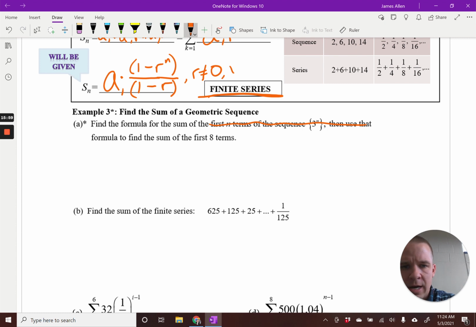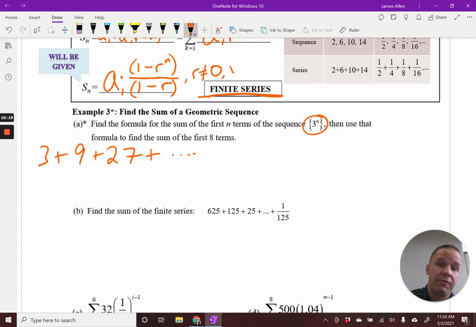So it's 3 to the n. My first term would be 3. 3 to the first is 3, 3 to the second is 9, 3 to the third is 27, and we want that going on and on, right? Or only the first 8 terms.